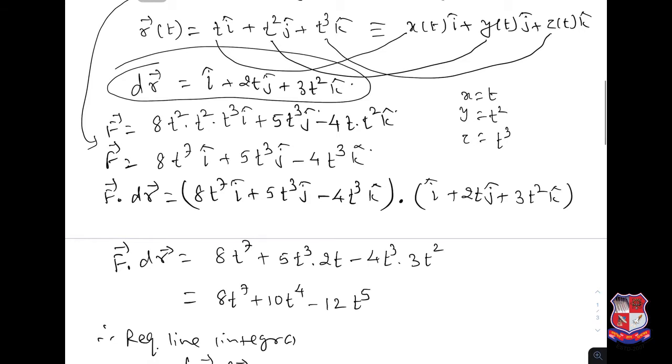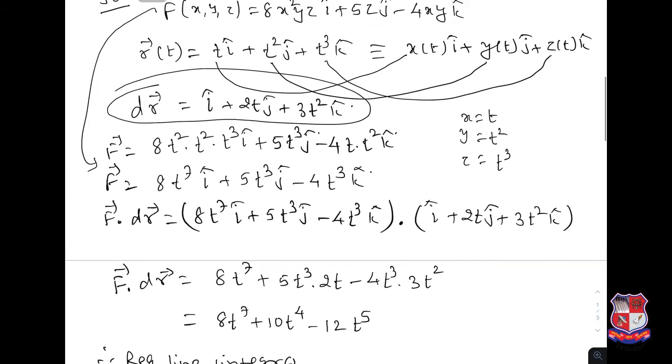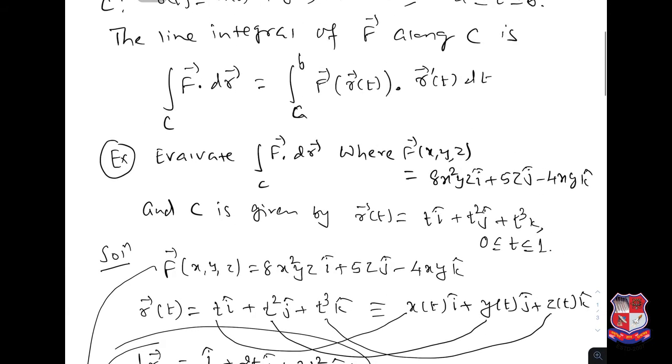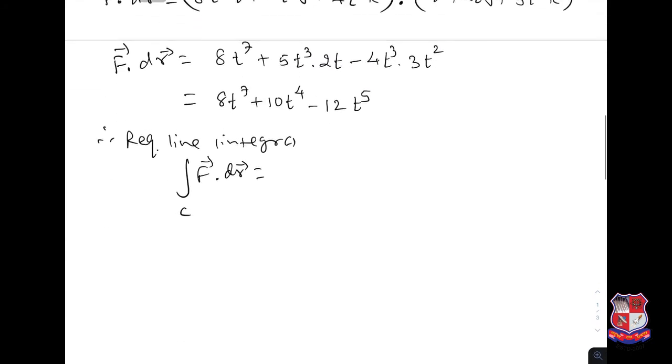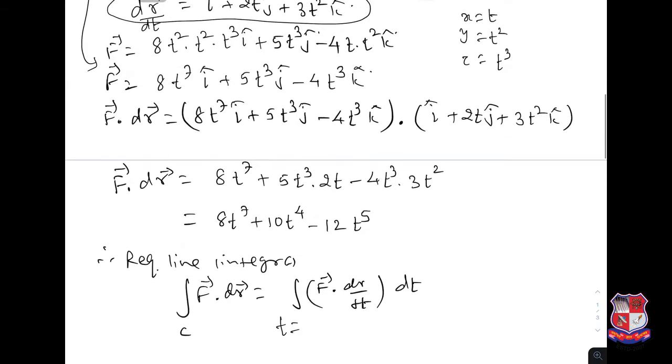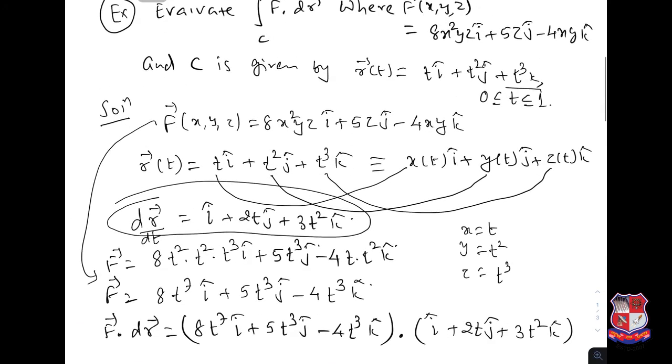Basically this is nothing but dr by dt. Now f dot dr, we can write in this way: f dot dr is f dot dr by dt times dt. And t is given from 0 to 1.